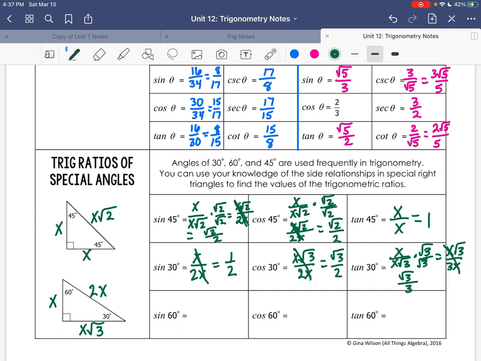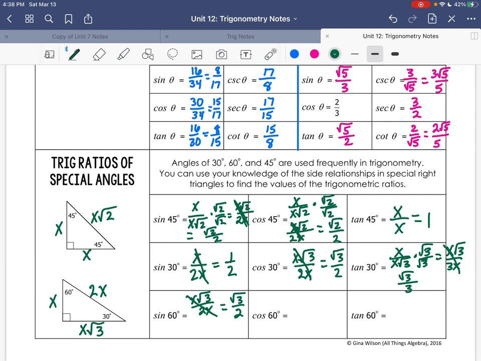Okay, so what if we have the opposite setup and we're talking about the sine of 60? Well, the sine of 60 is x square root of 3 over 2x. And so the x's cancel out and you have the square root of 3 over 2. Same as cosine of 30.